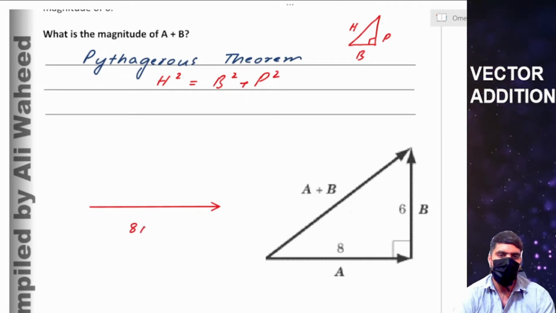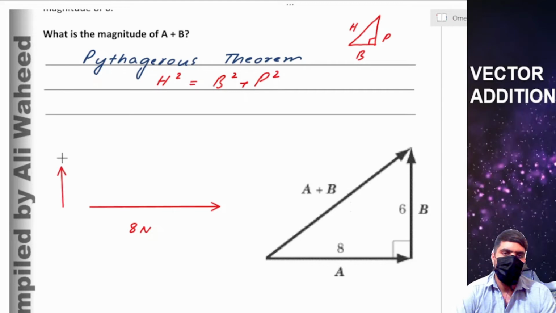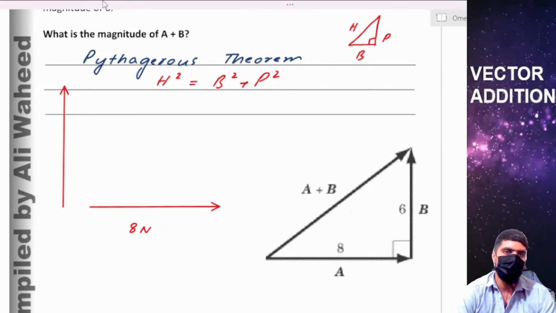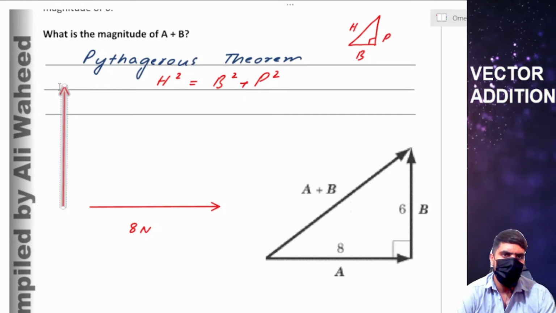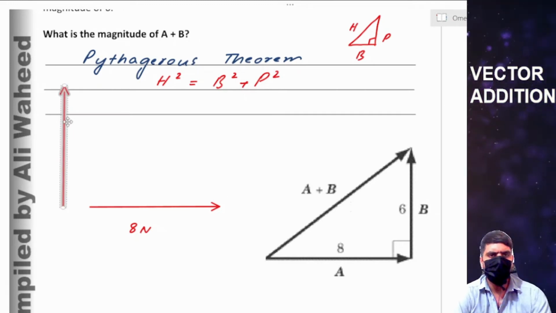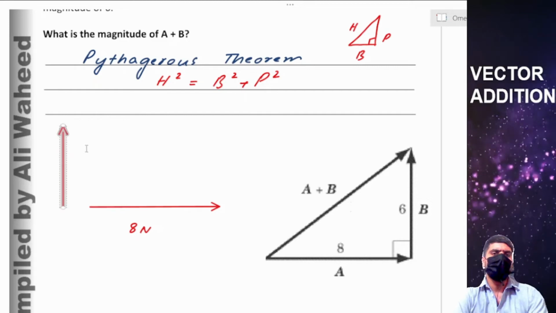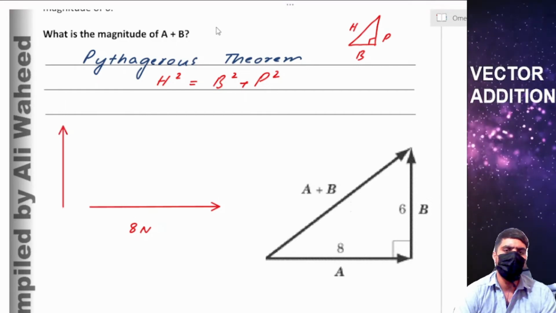And there's another vector that is directed upward, and that is 6 Newton. So let me decrease the length of this one a little bit, because since this one is 6 Newton, in principle it should be less than that of 8 Newton in terms of length. So this one is representing 6 Newton.